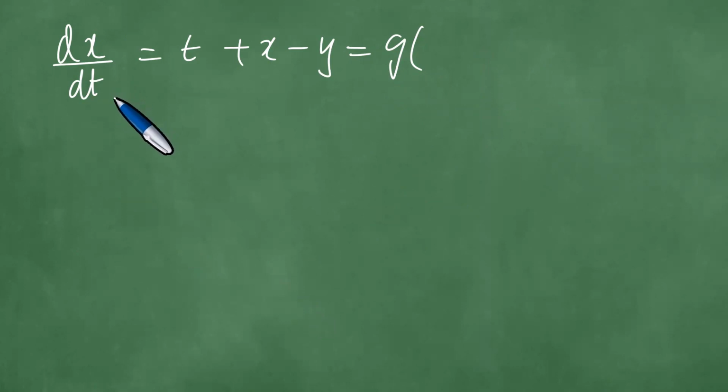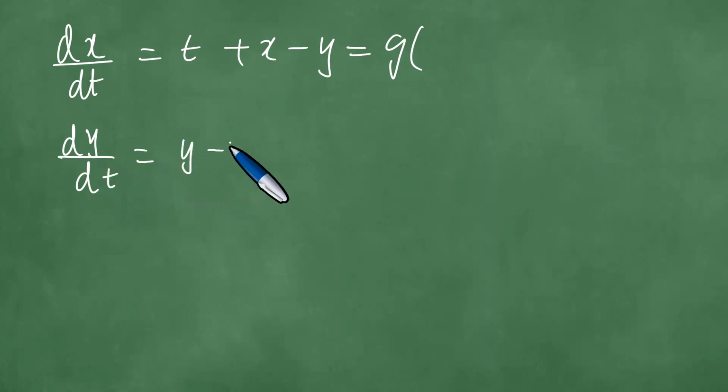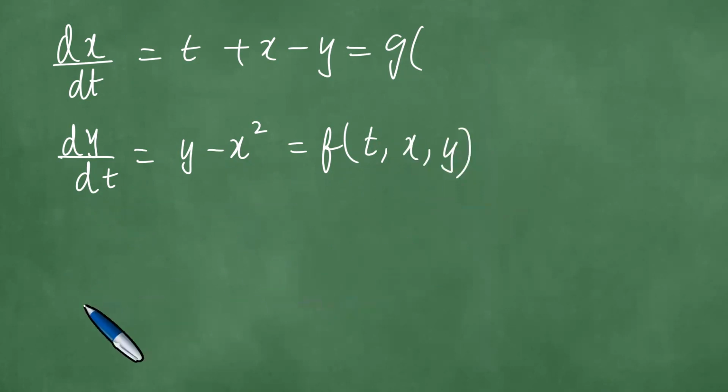I'm going to write the other one below, dy/dt, and it is y minus x squared. Normally dy/dt, you call it f, and then it becomes the variables themselves that are involved. So there is a t, there is x, and there is y. So there's t, x, y. Different from the former because it had only x and y, and there were no other variables that we introduced.